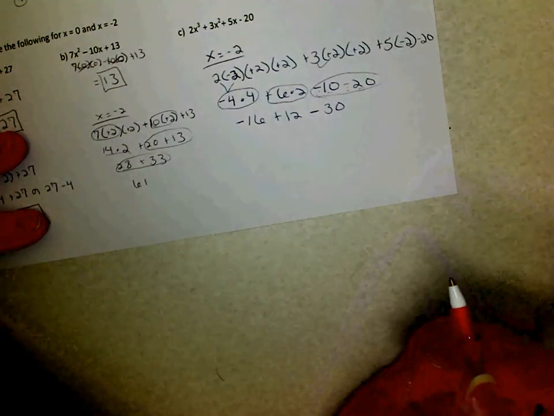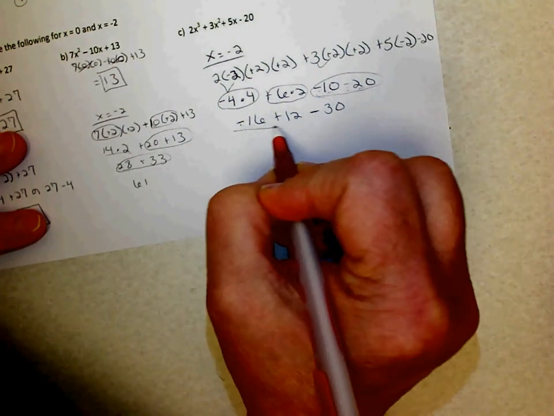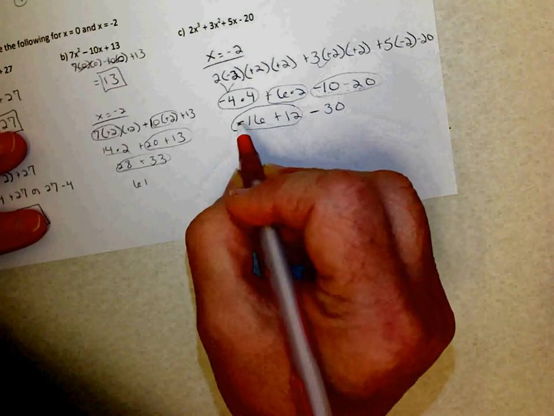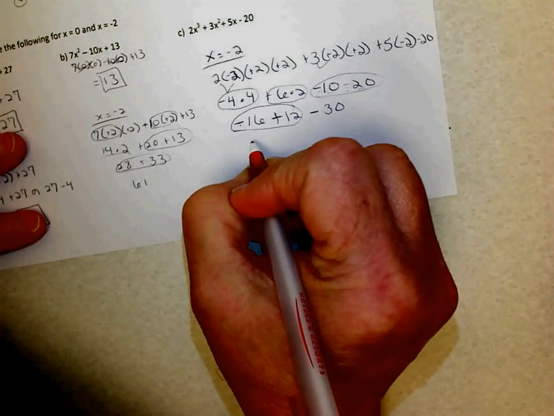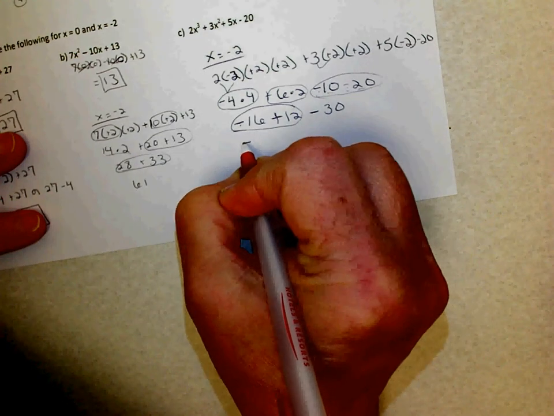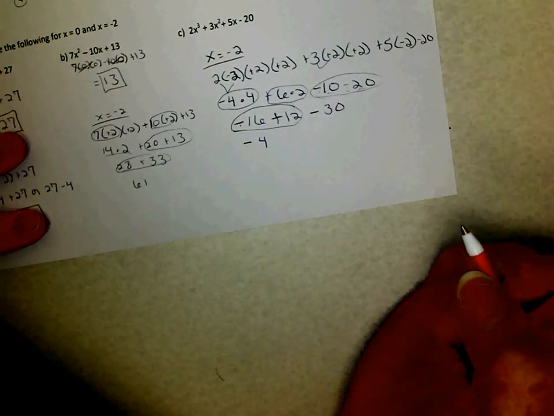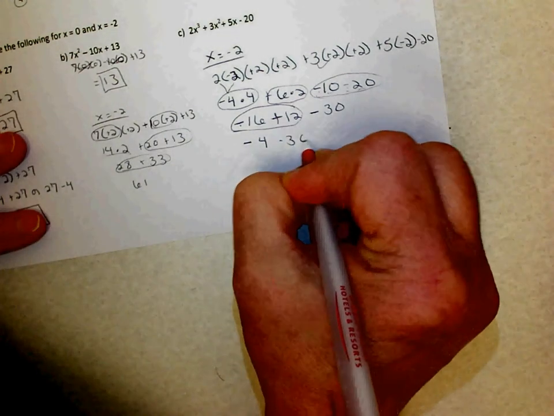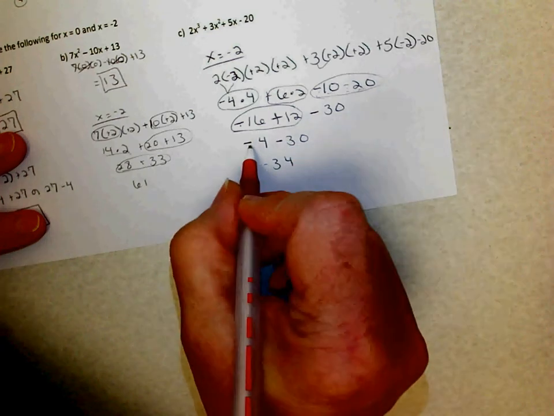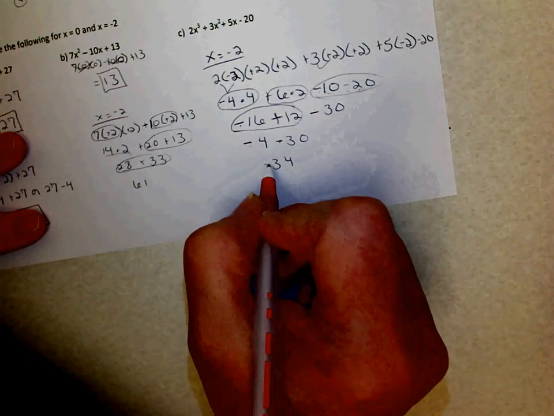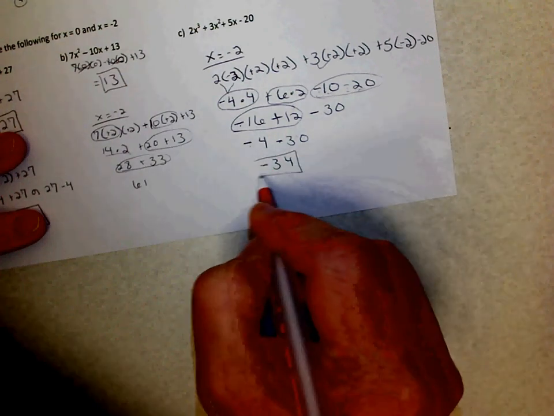Now, if I owe 16 and I pay 12, opposite signs, when I add them together, I really subtract. And 16 minus 12 leaves me negative 4, minus 30, which is negative 34. Again, if I owe and I owe more, I have to add them together. So that did end up correct.